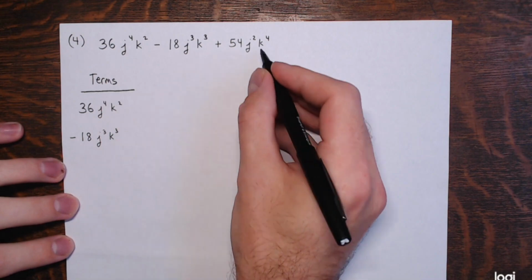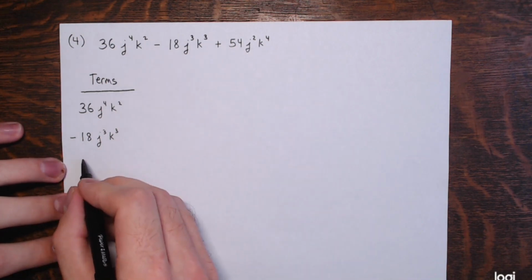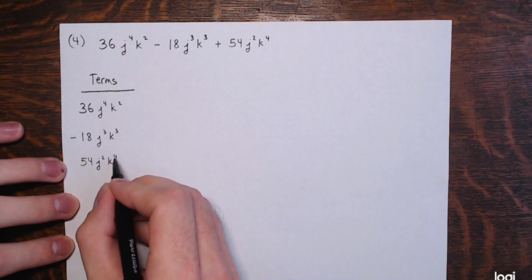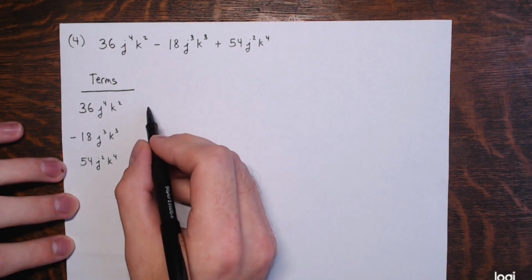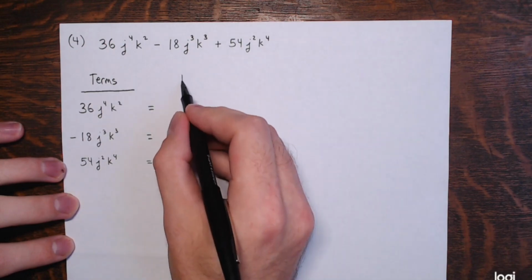And the final term right after this plus sign is this product, 54 times j squared times k to the 4th. Alright, and then we'll do their factorizations.